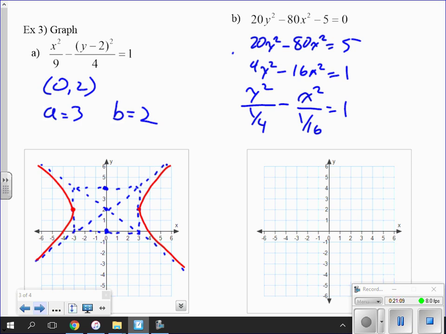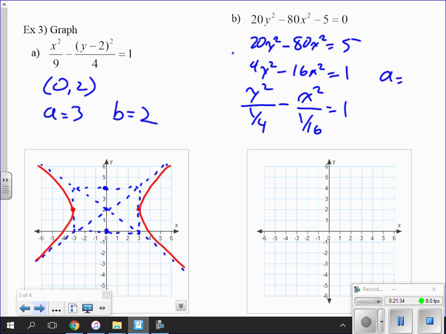Okay. So this one's going to suck for graphing, but you get the idea of what you're supposed to do here. What's my center? 0, 0. My center's the origin. That's nice. What is my A? Yeah, which is what? 1/4. What's my B? 1/2.